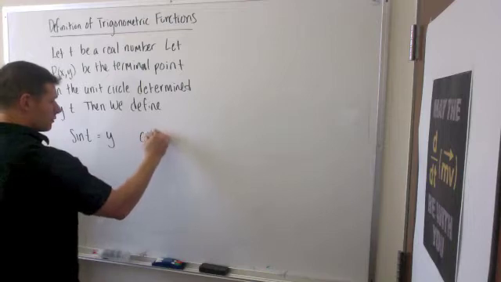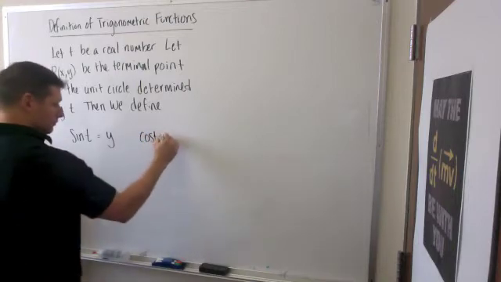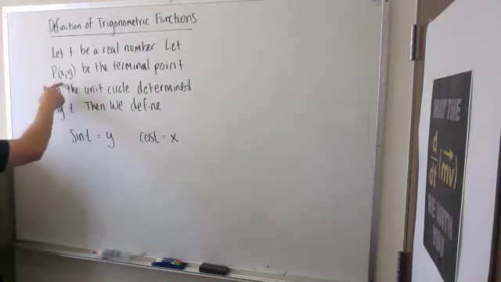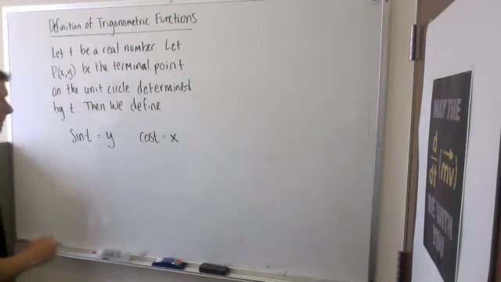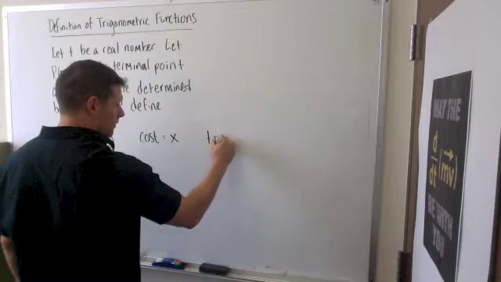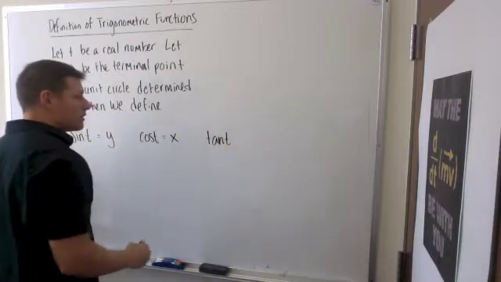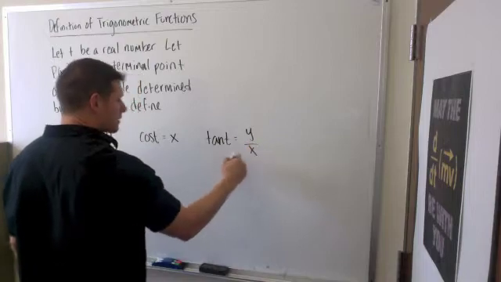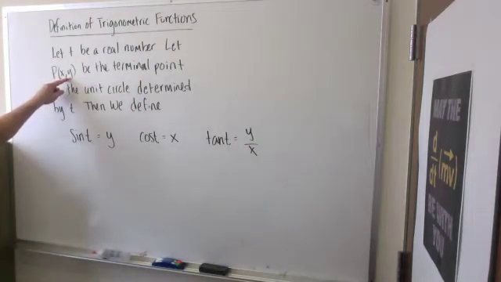Cosine of t is going to equal x, the x coordinate of the terminal point determined by t. And tangent of t is going to equal y over x, the quotient of this guy divided by that guy.